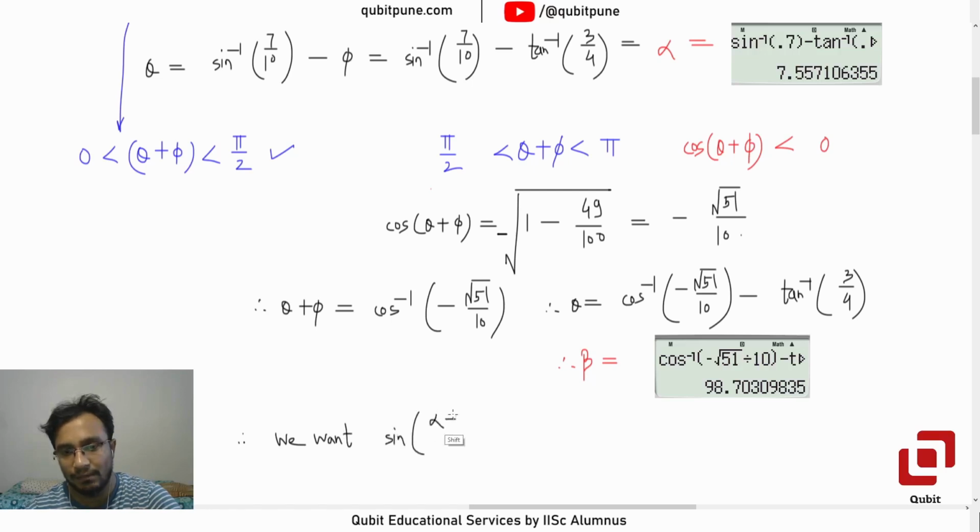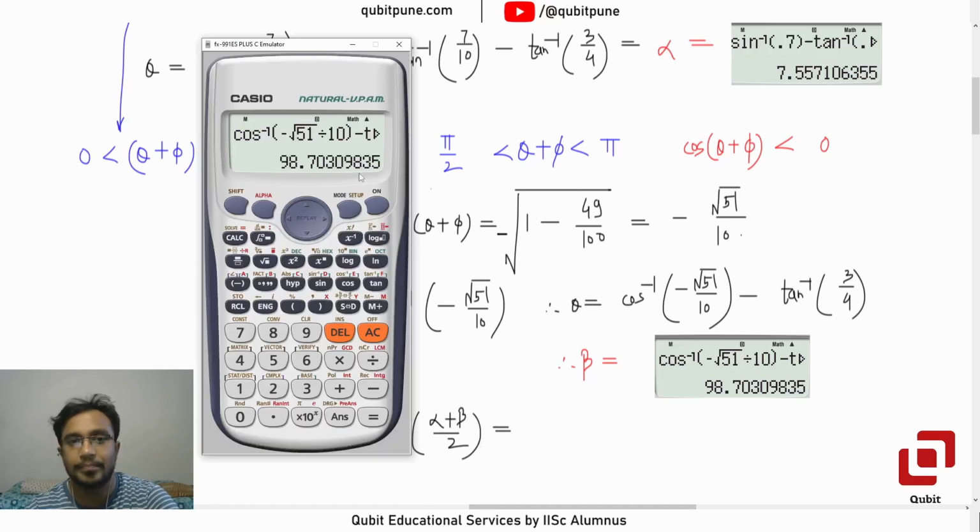So we want sine of alpha plus beta by 2, which would be equal to sine of 7.557, let's take it till the third decimal place, plus 98.703, divided by 2.